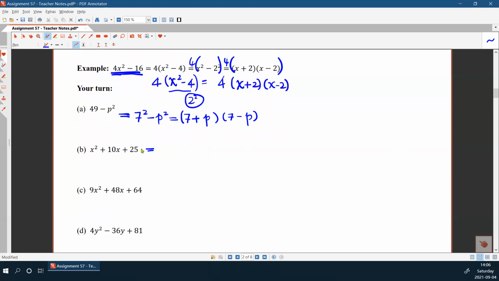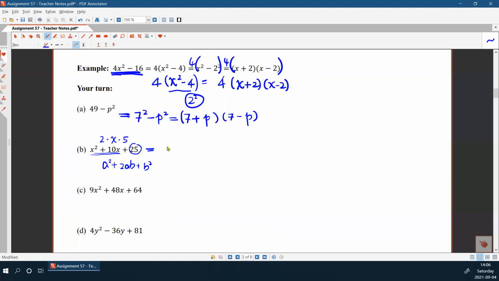This might be a squared plus 2ab plus b squared, right? So as you can see here, 10x is just 2 times x times 5, right? And this number happens to be 5 squared.